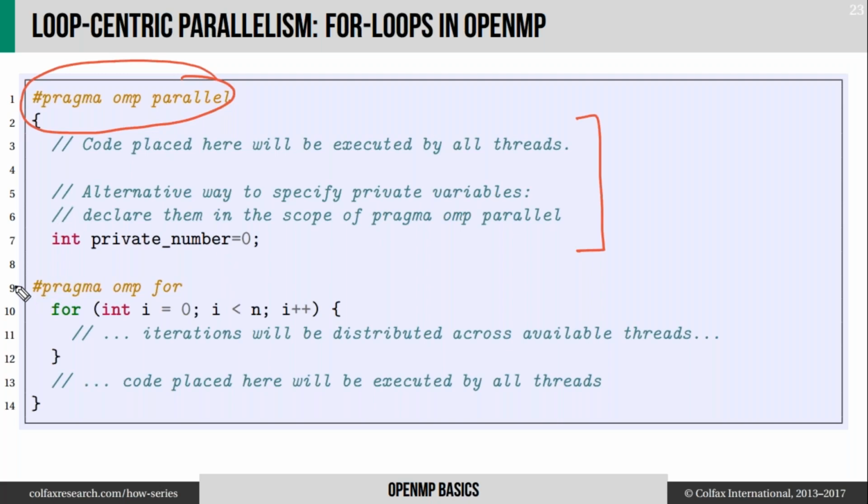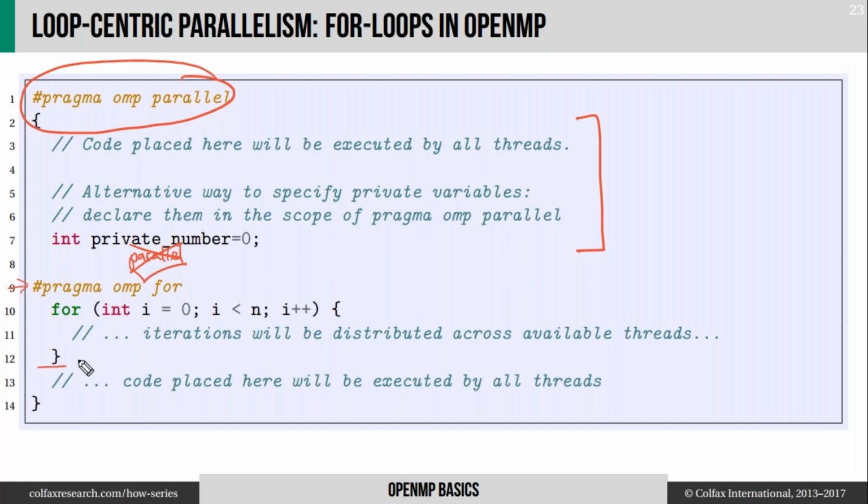And then, while I'm still inside the parallel scope, I issue Pragma OMP for, and notice that there is no keyword parallel. At this point, I will team up the existing threads to process this loop in parallel.